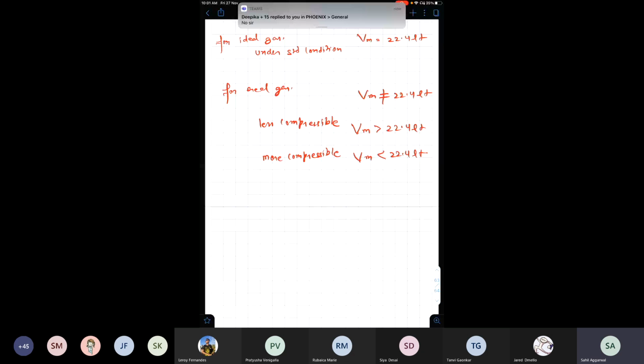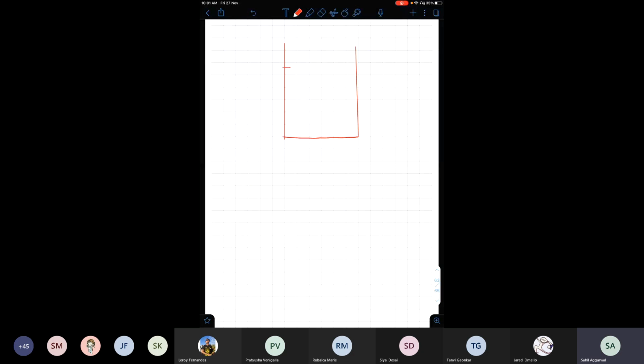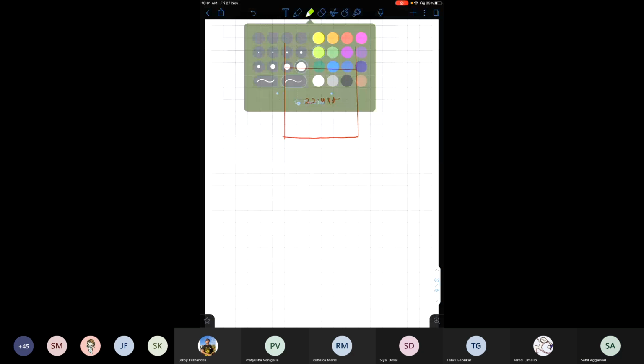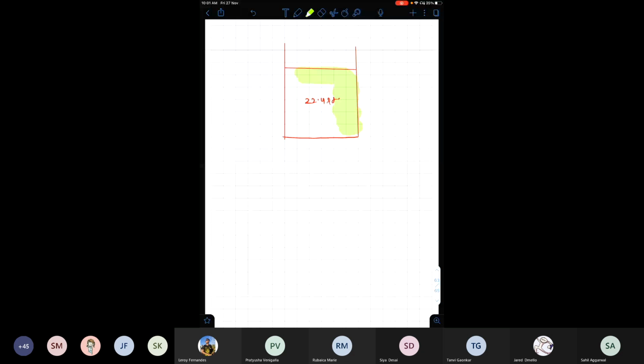See, if we have this container and we have this much volume, let it be 22.4 liter. Now, if you compress it, अगर आप इसको दबाओगे तो क्या हो जाएगा? वॉल्यूम कम हो जाएगा.